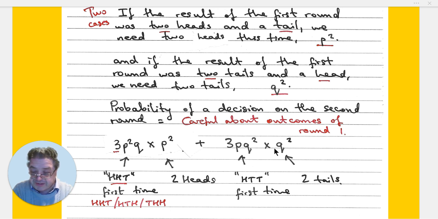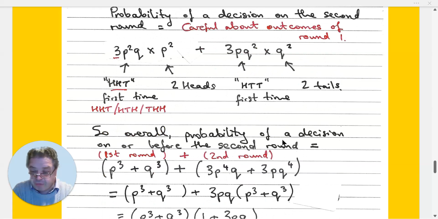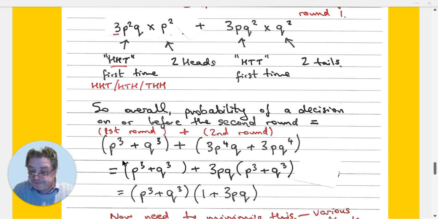That's q squared. So overall, the probability of a decision on or before the second round, in the first round it was p cubed add q cubed, and in the second round it's 3p to the 4 q add 3p q to the 4. All we have to do now is to find the minimum value of that as p varies, and we're done.